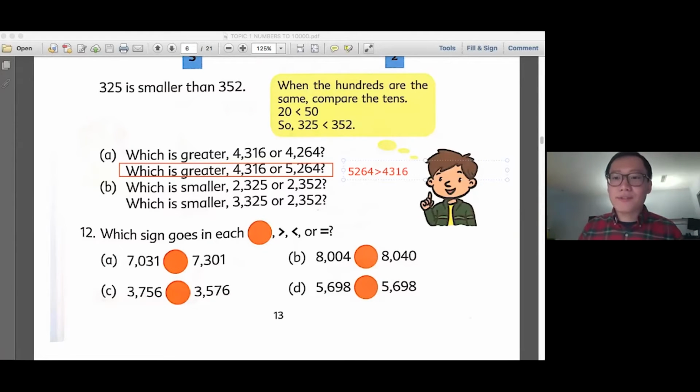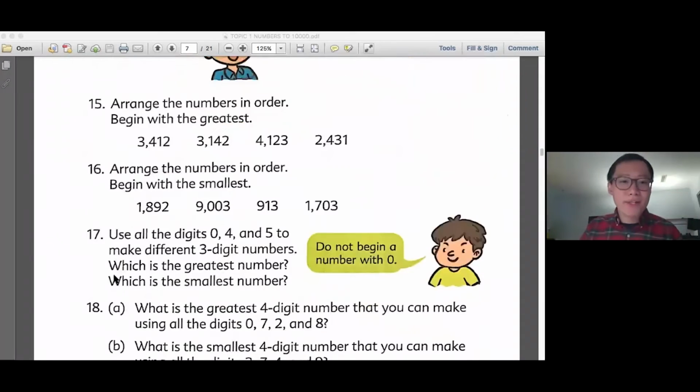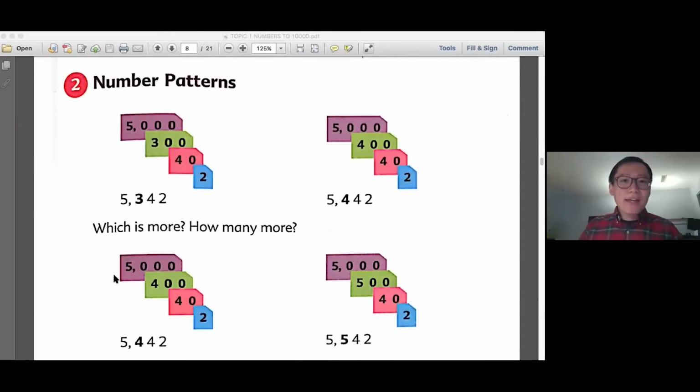Okay, not too difficult. So that's some exercise for expanded form and number comparison. Next, let's talk about number patterns. Whenever we play with numbers, we want to find the relationships between them. What do we mean by patterns?